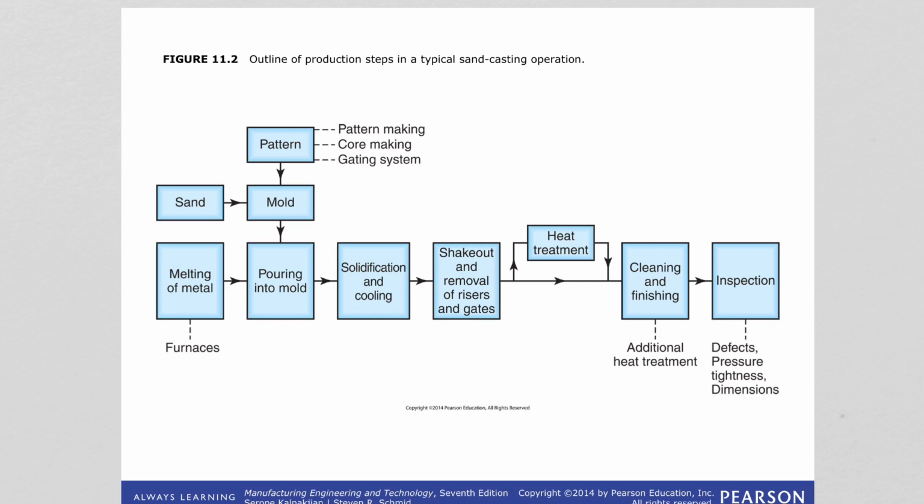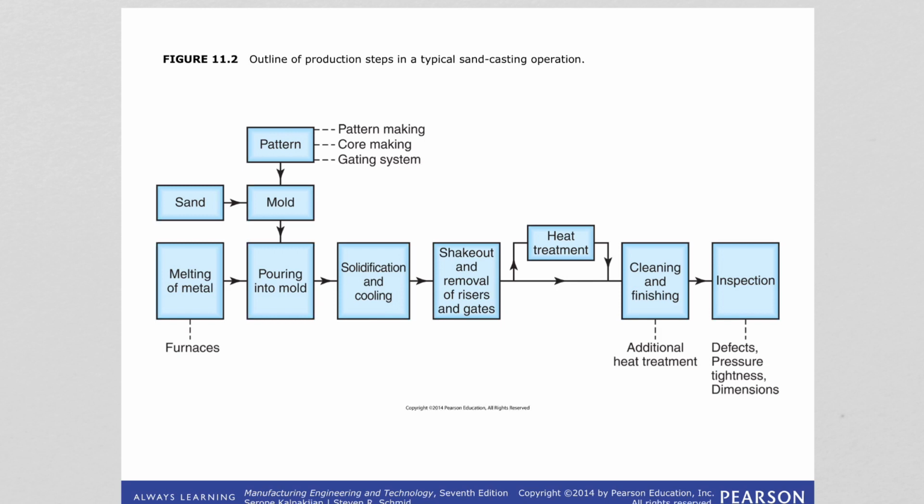After that we shake out, remove the risers and gates, and remove our part. Then if necessary, heat treatment is done to obtain the desired microstructure. And of course, maybe some finishing operations might be necessary depending on what the part is at the end.